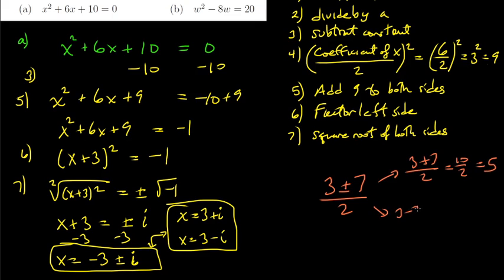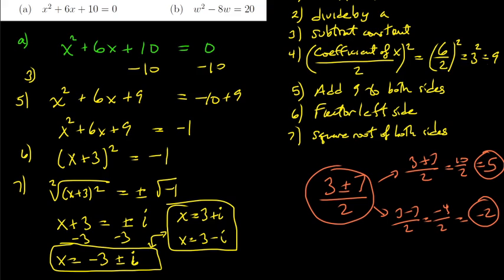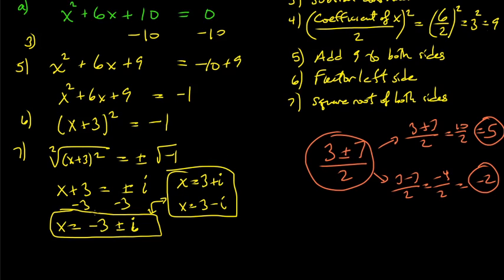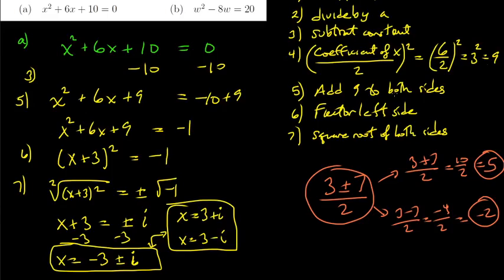And 3 minus 7 is negative 4, and negative 4 divided by 2 is negative 2. So if you ever see something like this, I'm not looking for that. I'm looking for the 5 and the negative 2. But because you have the square root that's not a perfect square, or in this case imaginary, you're welcome to leave it like this with the plus or minus.